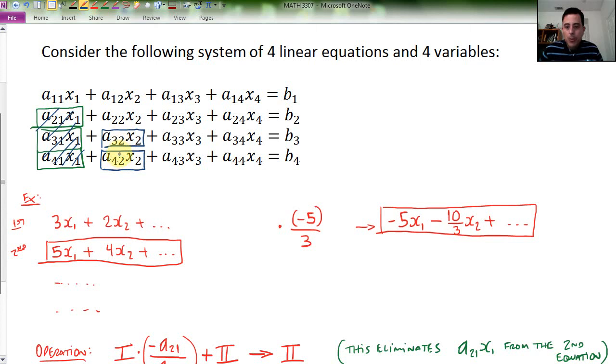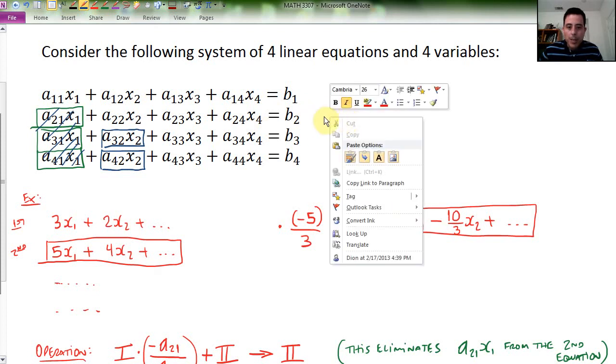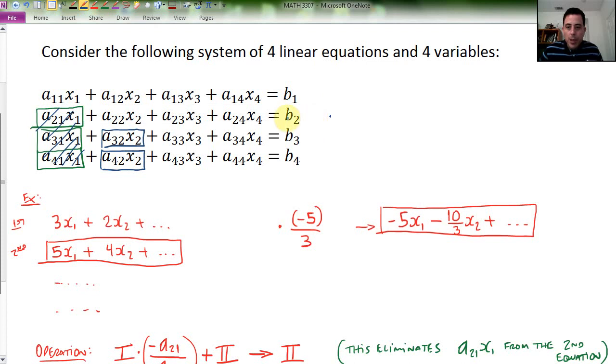To eliminate these two, so that's the second phase now. Notice that we can now work with the second equation, right? So we multiply the second equation, again, similar idea, by the reciprocal of a22. So that would be 1 over a22. But then times the opposite of a32. So here would be negative a32.